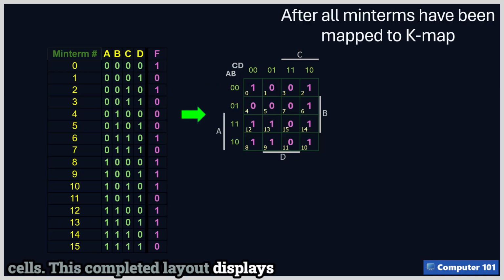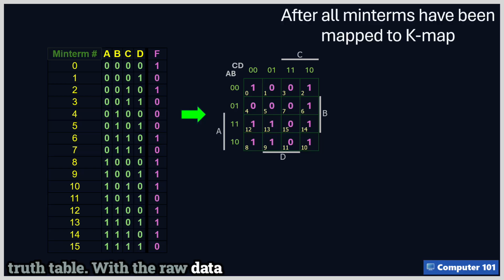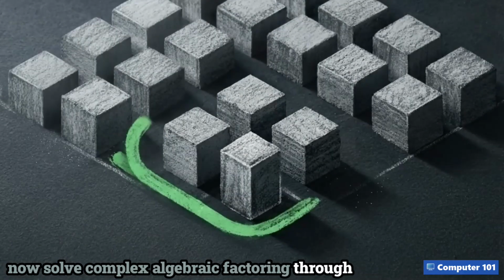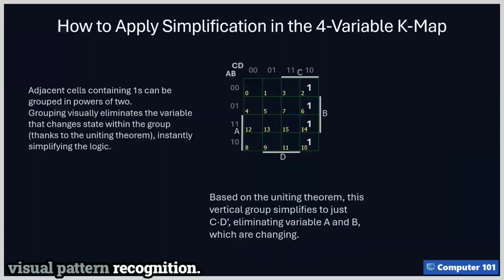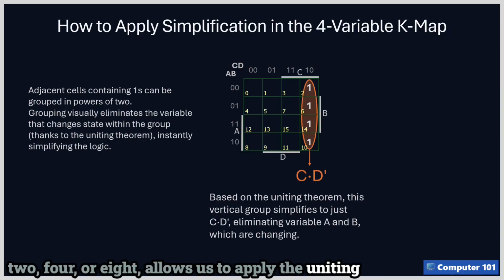This completed layout displays the grid after all 16 minterms have been successfully transferred from the truth table. With the raw data fully spatialized, we can now solve complex algebraic factoring through purely visual pattern recognition. This specific K-map highlights a vertical grouping of 4 ones on the right edge. Grouping adjacent ones in powers of 2, like 2, 4, or 8, allows us to apply the uniting theorem.